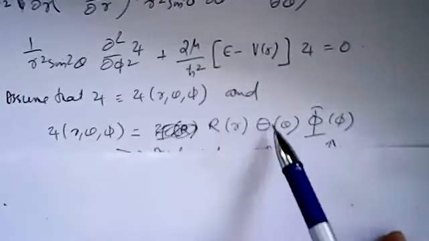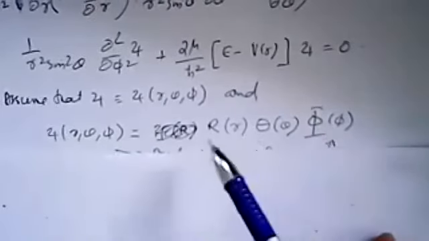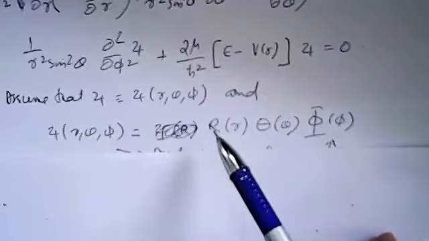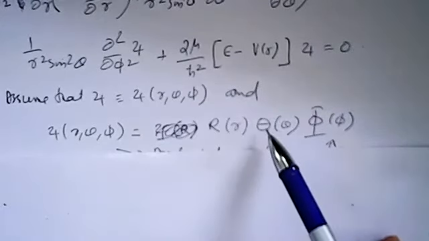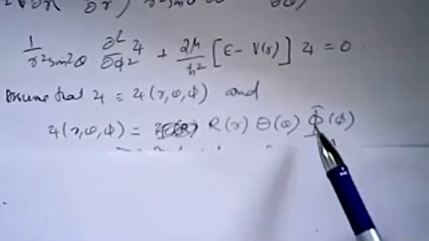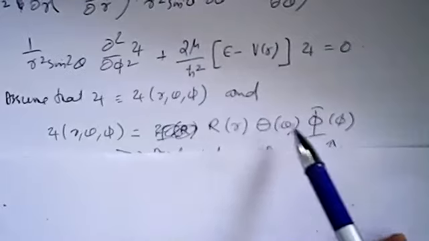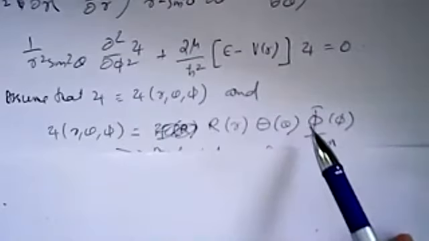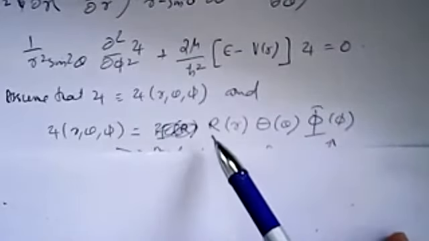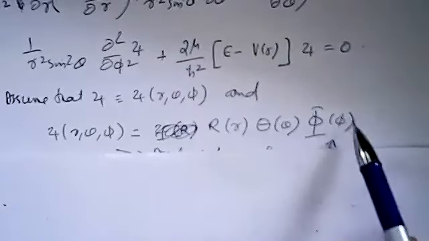So capital R, capital theta and capital phi are the wave functions. This is a radial wave function, this is a polar wave function, and this is an azimuthal wave function. I think these words are familiar to you: radial, polar, azimuthal wave functions, and the corresponding parameters are small r, small theta, and small phi.